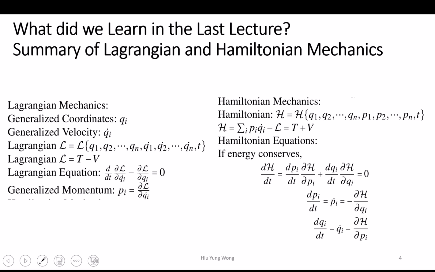So the Hamiltonian, usually you say it is the total energy. It is the kinetic energy plus the potential energy. And we usually need to start with the Lagrangian and then use this equation to find the Hamiltonian. It equals the summation of the generalized momentum times the velocity minus the Lagrangian, right?